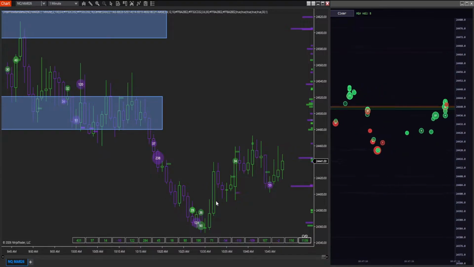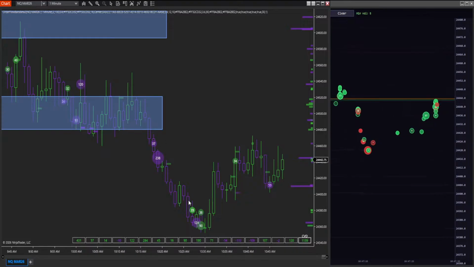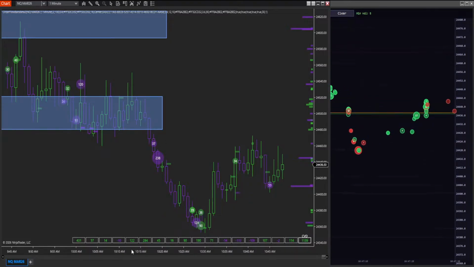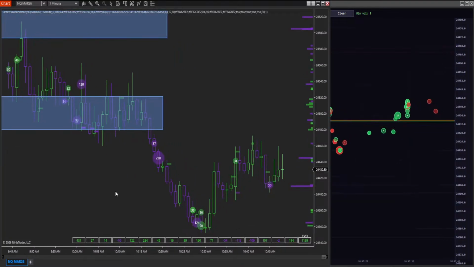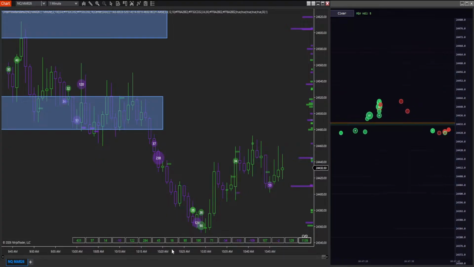So what I'm trying to do is teach you how to trade the order flow of the market. I'm not teaching how to read footprint charts and all that. That will come in the future. I am looking into building out my own candlestick for footprint.